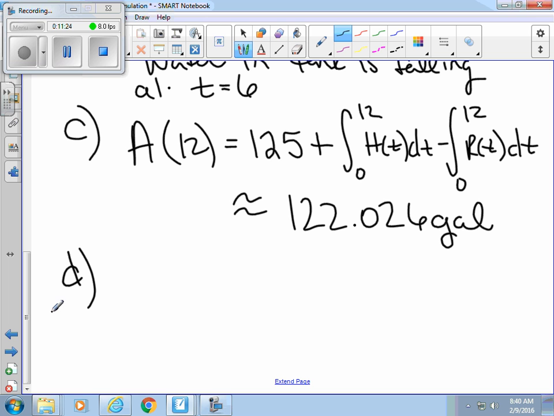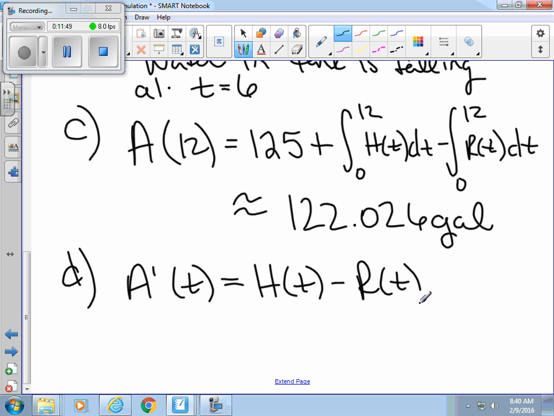And the last one, absolute minimum, right? How many gallons is a minimum, from time 0 to time 12? What do I need? The derivative. I need the derivative equal to 0, which is h of t minus r of t, and I'm going to set that equal to 0.